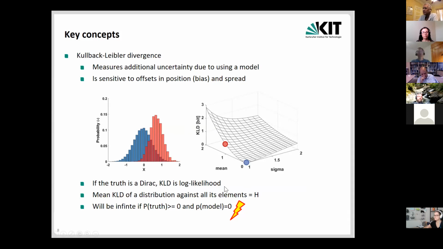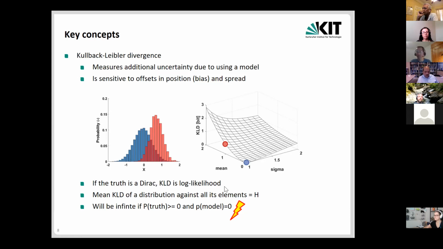And if the truth should happen to be a Dirac, then Kullback-Leibler divergence is simply the log likelihood of the data. You can also interpret the mean Kullback-Leibler divergence of a distribution against all its individual measurements that make up the distribution.